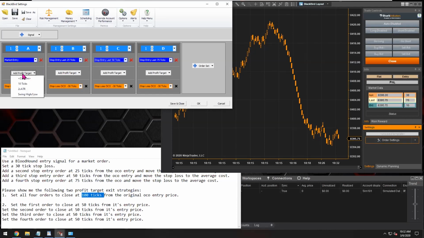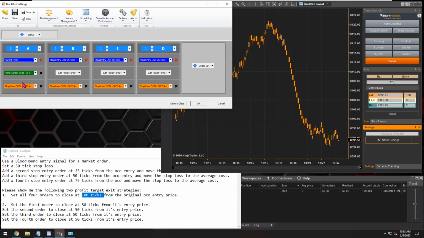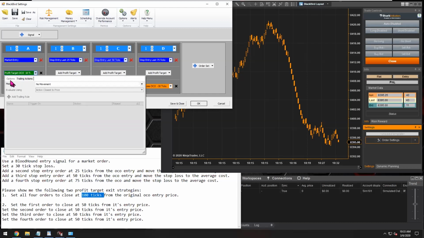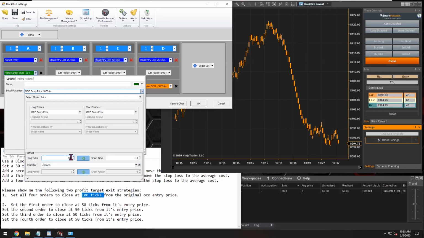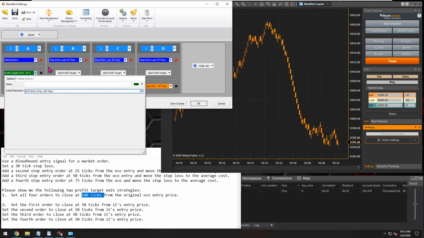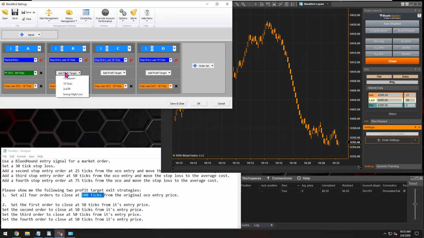So our first profit target, I'm just going to use the 10 tick from the quick list here, and then go into the options tab. And so our initial placement, we just need to bump that up to 100 ticks. There we go. So there's our first one.